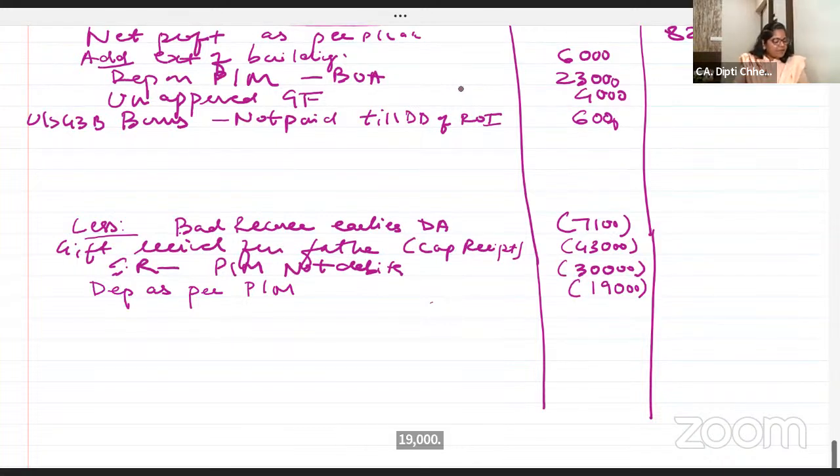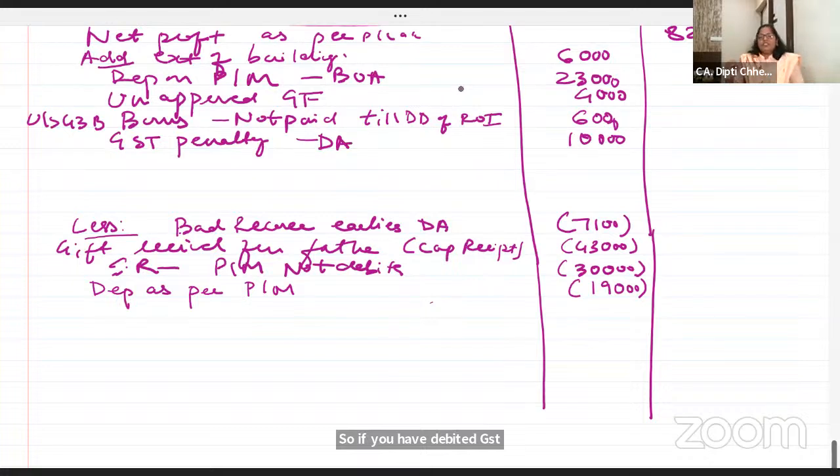GST 38,000. Debited in the P&L includes interest. Interest is allowed. Penalty is not allowed. So if you have debited GST penalty, add back. Disallowed. GST penalty not allowed. Disallowed.